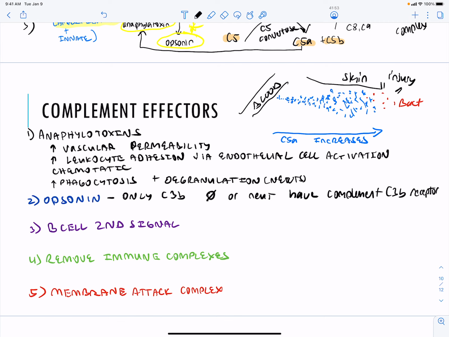And that's going to enable them to engulf the bacteria better. Just as a note, IgG is an opsonin, plus C-reactive protein. IgM is not an opsonin.